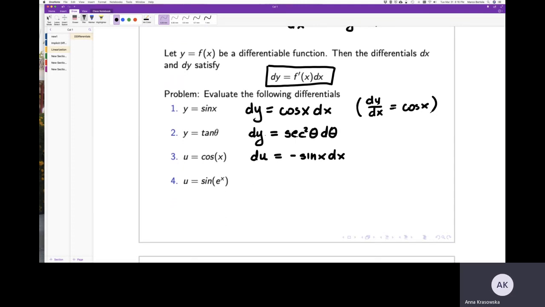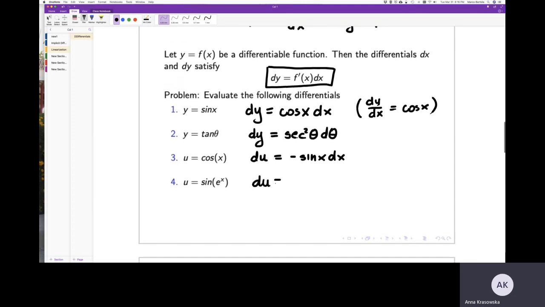What is the differential du here? It is cos of e to the power x times e to the power x. Chain rule: derivative of the outside function, keeping the inside unchanged, times the derivative of the inside function. That will be du dx.